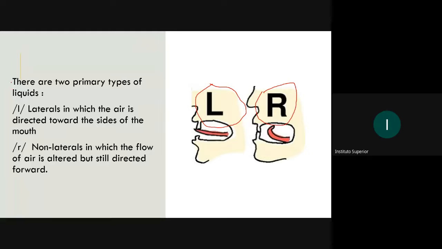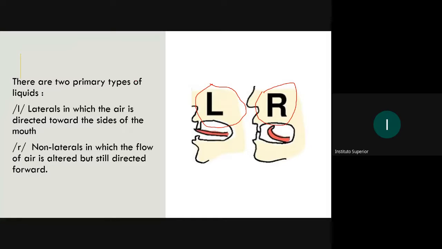Okay, good. Could you read, please? There are two primary types of liquid. Laterals, in which the air is directed toward the sides of the mouth. R, non-laterals, in which the flow of air is altered but still directed forward. Okay, thank you.